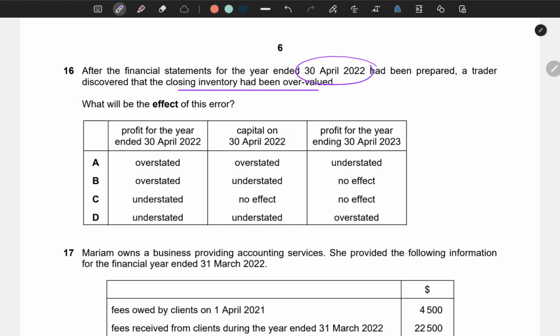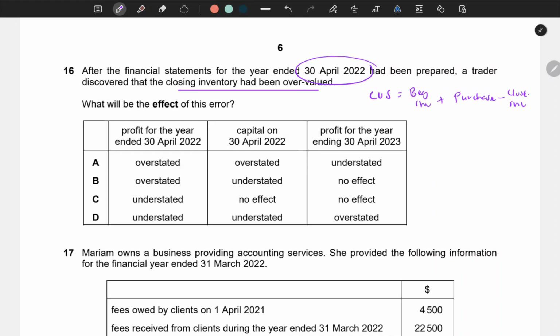If you want to find profit, the formula is sales minus cost of sales minus expenses. So we need to understand first the cost of sales. How do you find the cost of sales? Beginning inventory plus purchases, minus closing inventory.